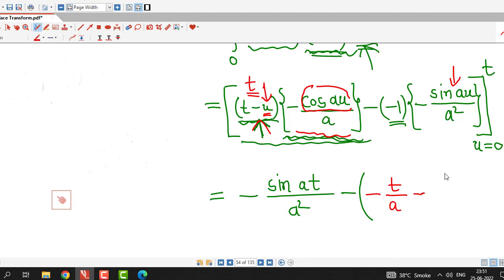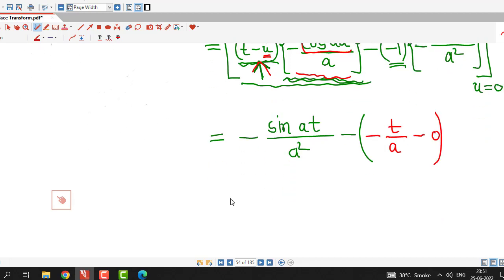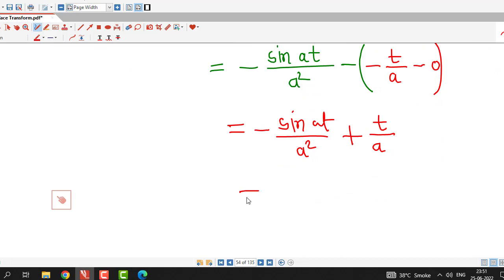So this term will be equal to 0 for u equal to 0. So finally we have minus sin at divided by a square, and negative negative positive, t divided by a, and if we wish we can take LCM as a square. So here I have to multiply by a, so a into t minus sin at divided by a square.